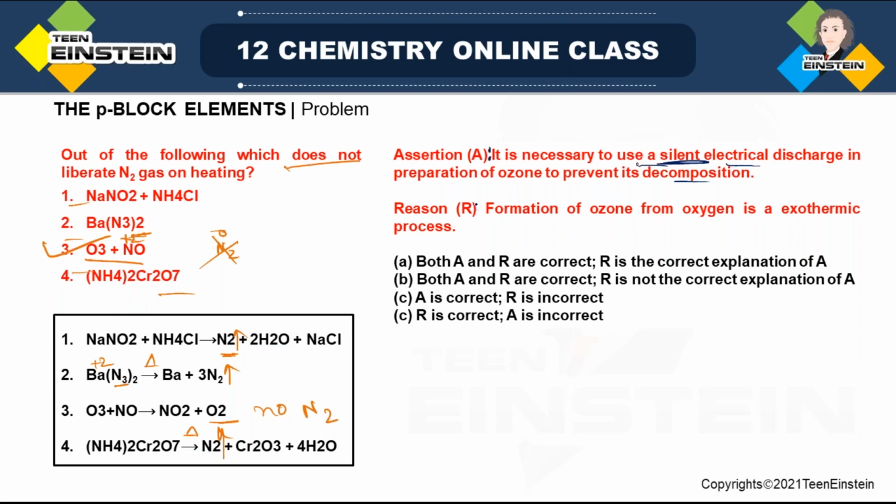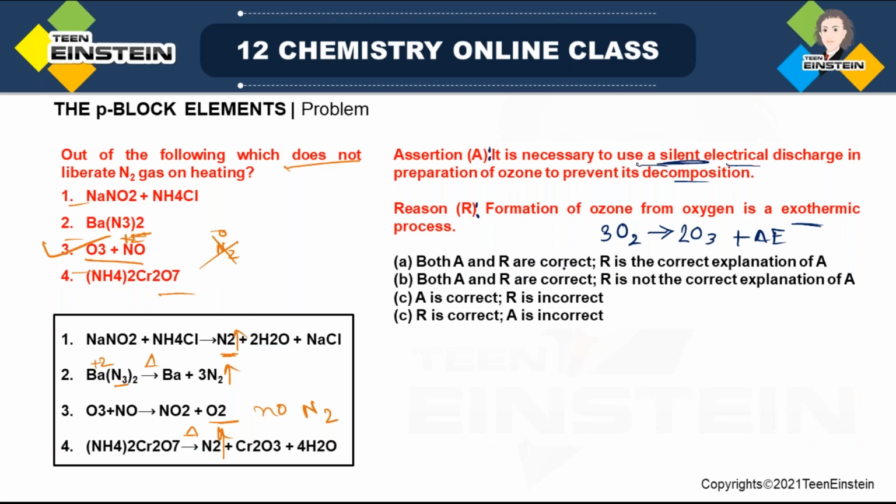In the reason, the statement given says that formation of ozone from oxygen is an exothermic process. That means from O2 you are getting O3, and this process is exothermic, that means some energy will also be released. But is it so? That we have to find out.